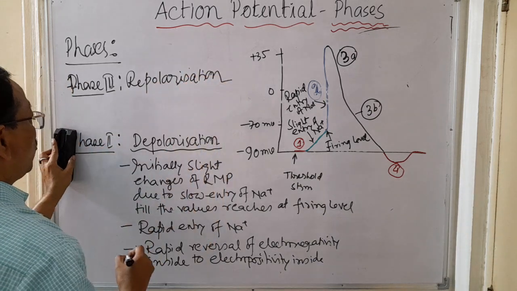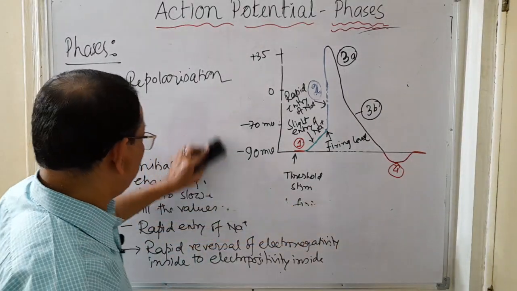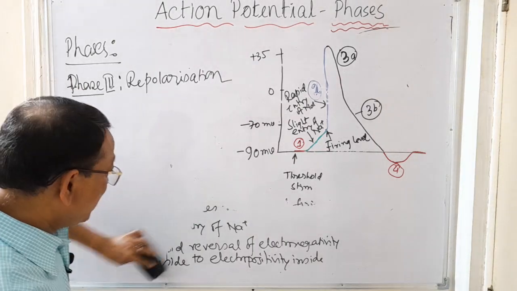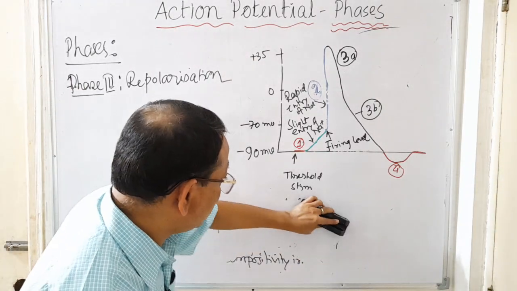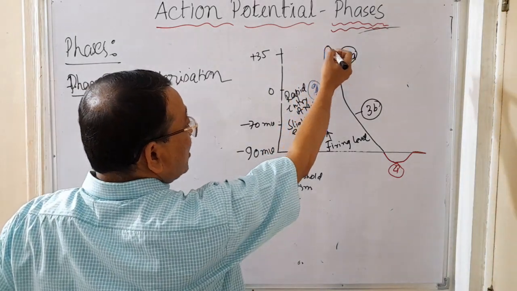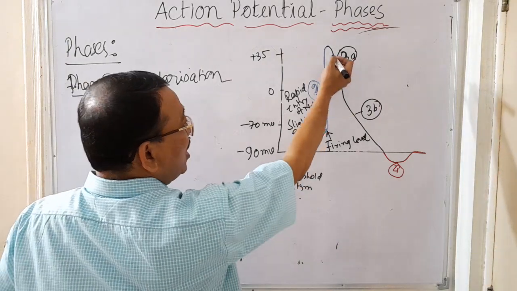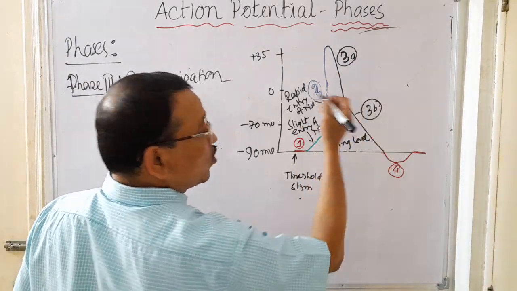So after depolarization there is repolarization. Again you can see the potential difference changes from plus 35 towards the electronegativity, initially very rapidly and then slowly.